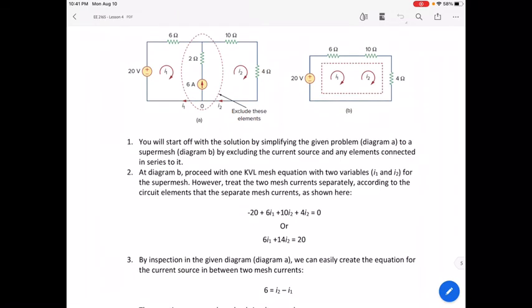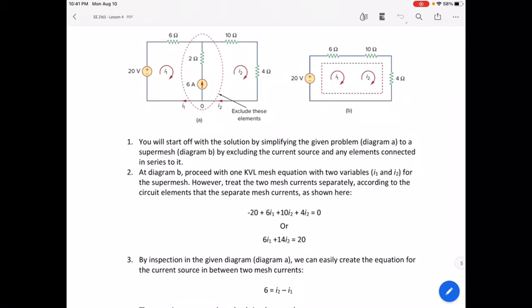By inspection in the given diagram, we can easily create the equation for the current source in between two mesh currents. So the way that we create a current equation for the super mesh is that we will only inspect the diagram and check the directions of the mesh currents.